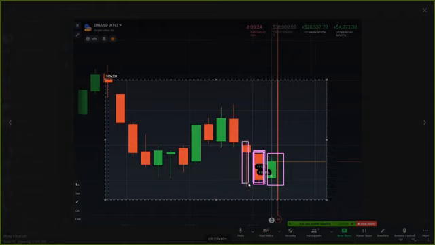Now here is the condition, and here is the loss. Here is the loss for you, and you may enter to recover straight away, or you may stay outside to wait for a signal. No one forces you to enter immediately to win every signal, because I know some of the robots or some of the courses, even price action, will recommend that when you lose one trade, you enter to pursue another trade immediately, and you may win.